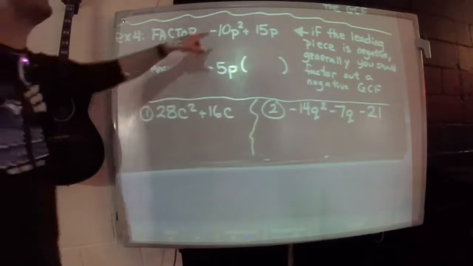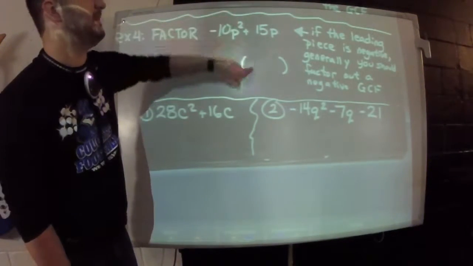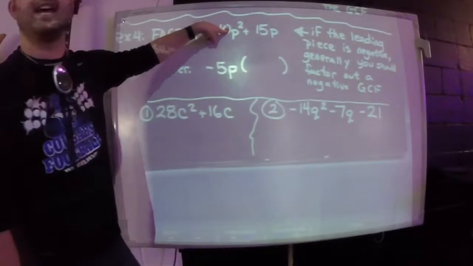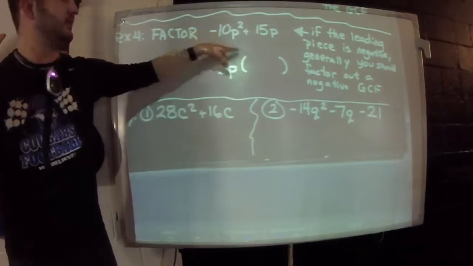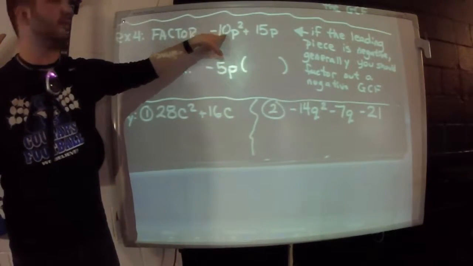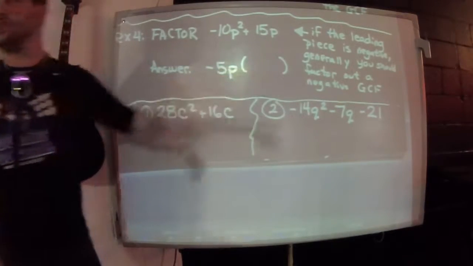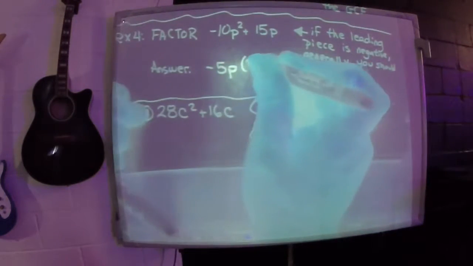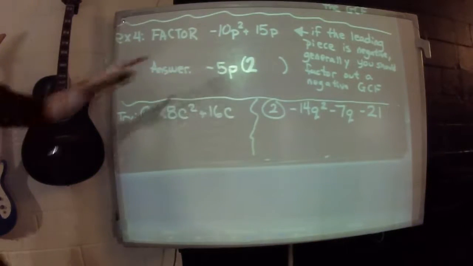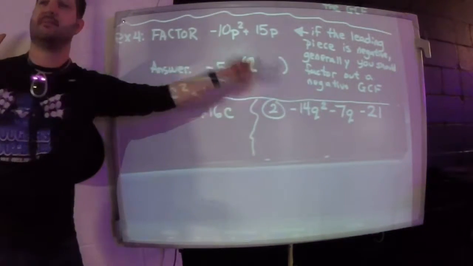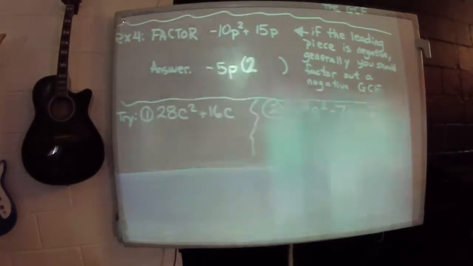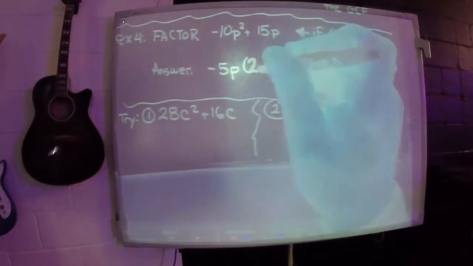All right. So first thing, looking at this piece: negative 10 divided by negative 5 makes what? Positive 2. And then you had p squared, but I'm taking 1 p off, so just p. I have p squared, which is 2 of them, and so I took 1 off.